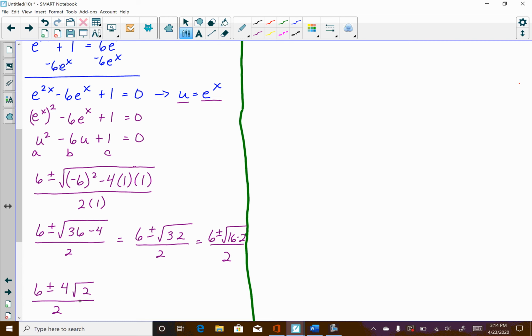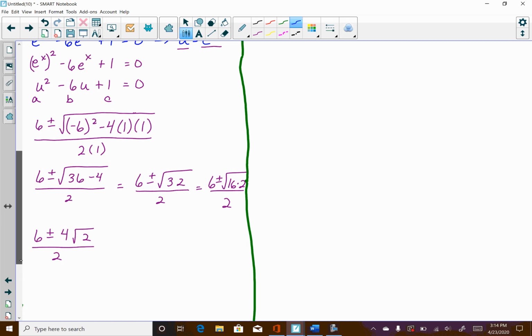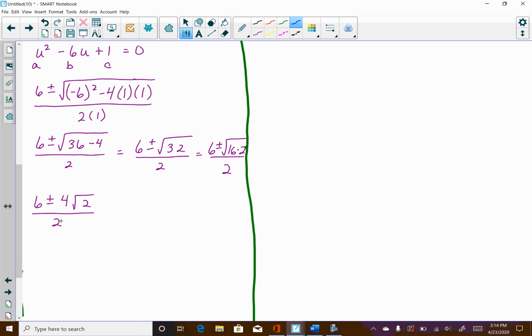Now at this point I can reduce, because the three values outside the house all have something in common. If they all three don't have something in common, you can't reduce any further. But in this case, 2, 4, and 6 all have a 2 in common, so I'm going to divide everything by 2. So 2 divided by 2 is 1, 4 divided by 2 is 2, 6 divided by 2 is 3. So that gives me 3 plus or minus 2 square root of 2 as an answer.